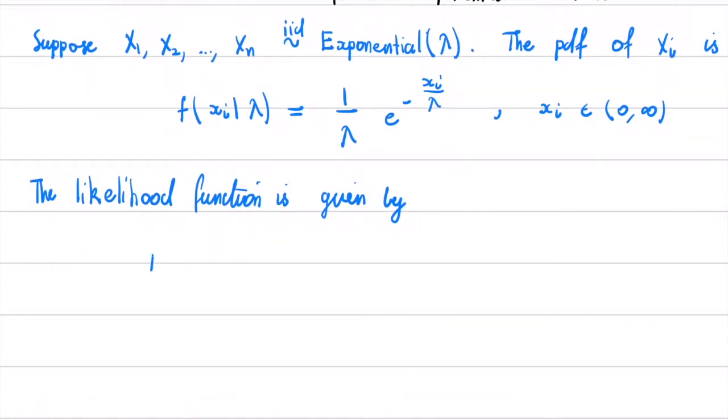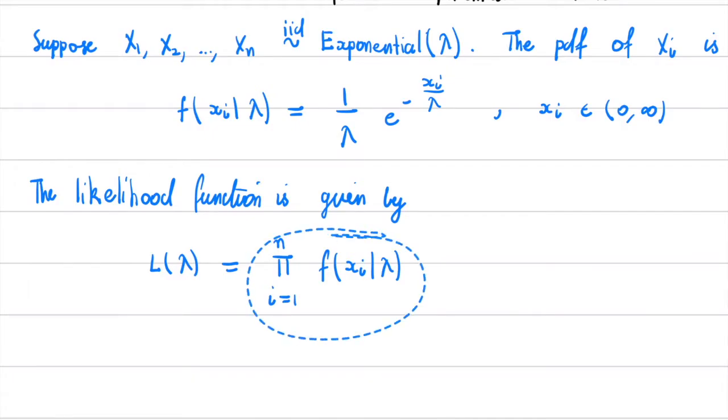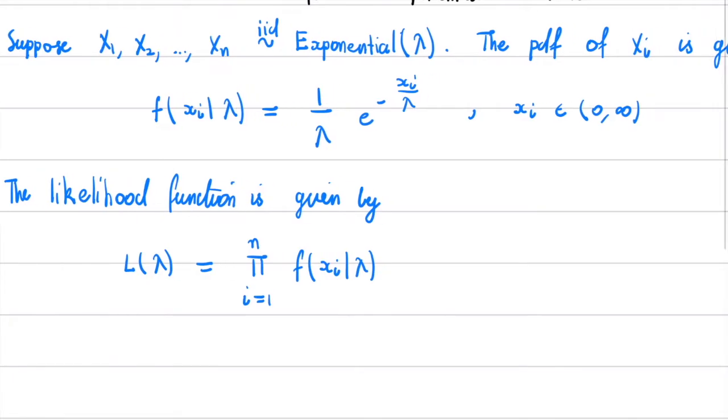Well, the likelihood function L of theta is given by the product i equals 1 to n of all the respective marginals, because we assume that they're independent. So in other words, this product here is in fact the joint distribution of x1 to xn, but we call it the likelihood function.